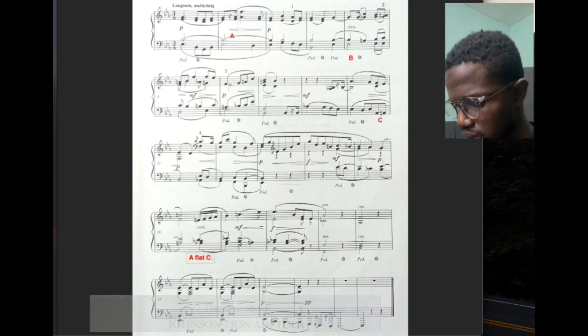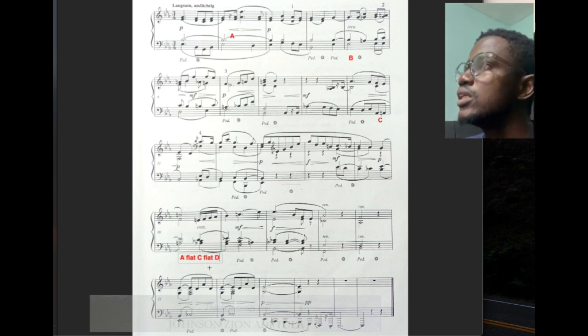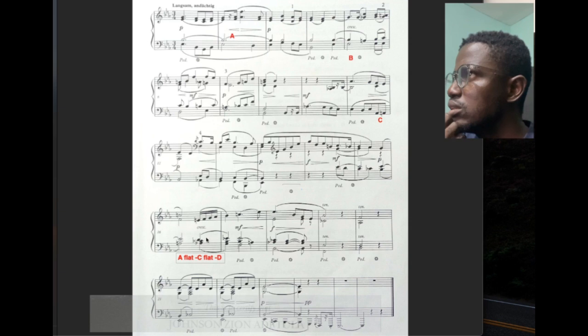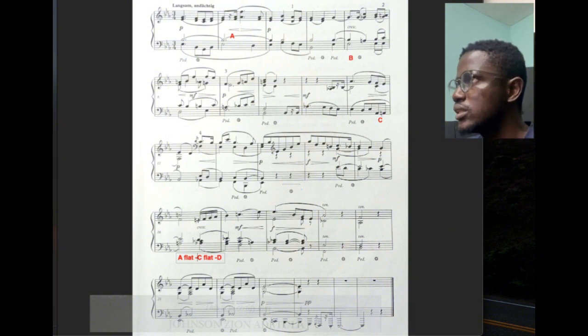A flat, A flat, D. Or that could be D, F, A, C. So if the F is there, G should be part of it, so that this is already an accented passing note.